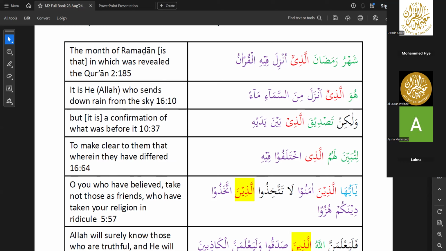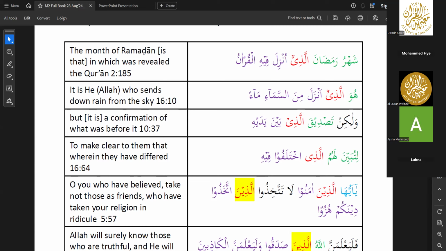You can call it a subject or you can call it antecedent. Good. Allazi is Ismul Mawsul. Unzila fihi al-Qur'an is Sila Mawsul. And Allazi is connecting to Shahru Ramadan. Good.